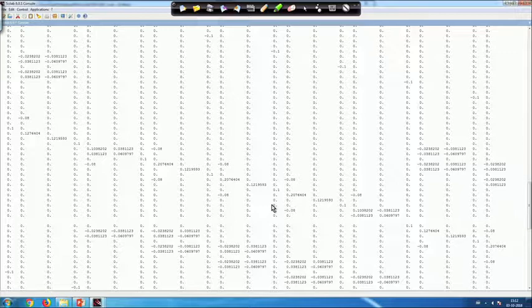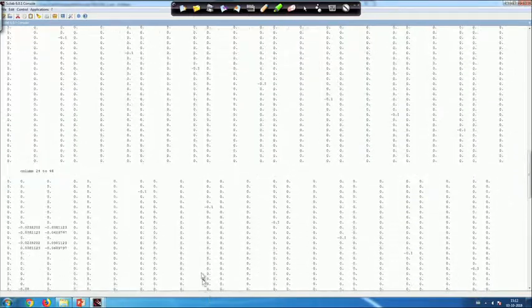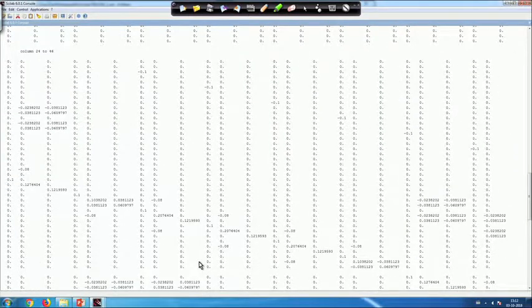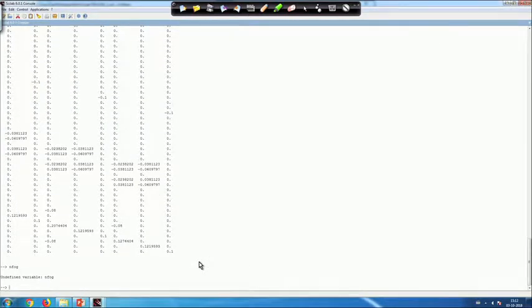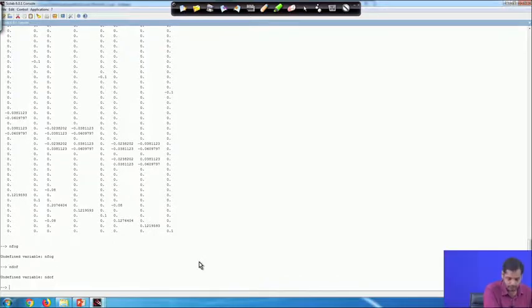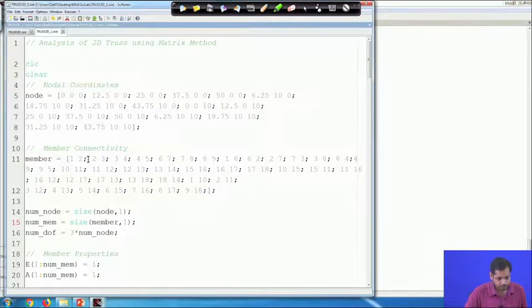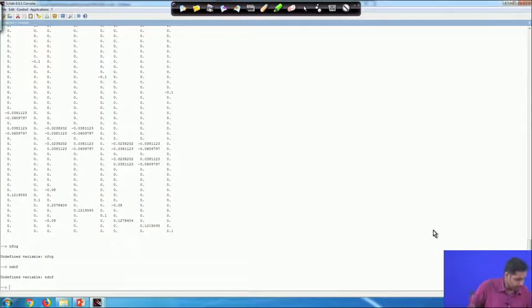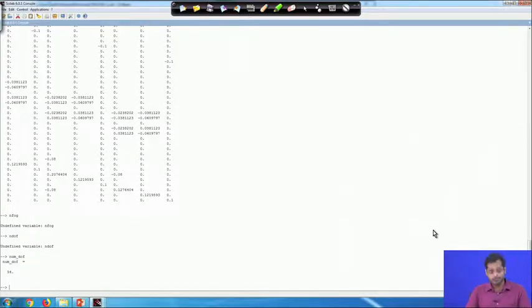When you actually store a stiffness matrix, in this case the number of degrees of freedom is 54.